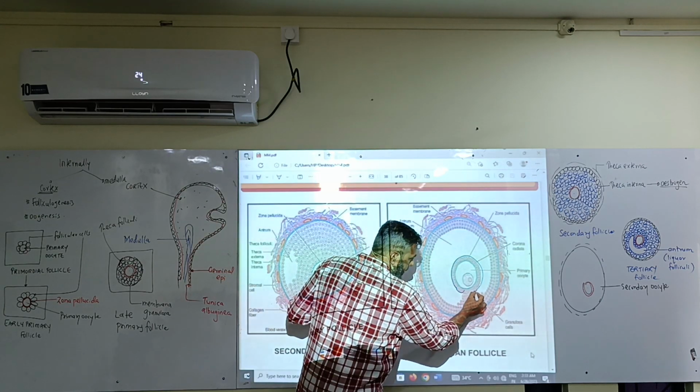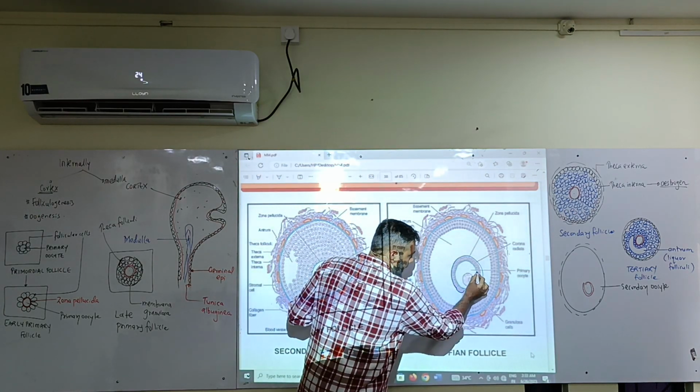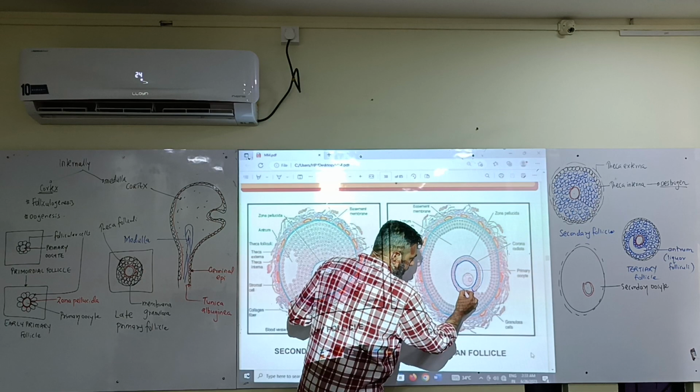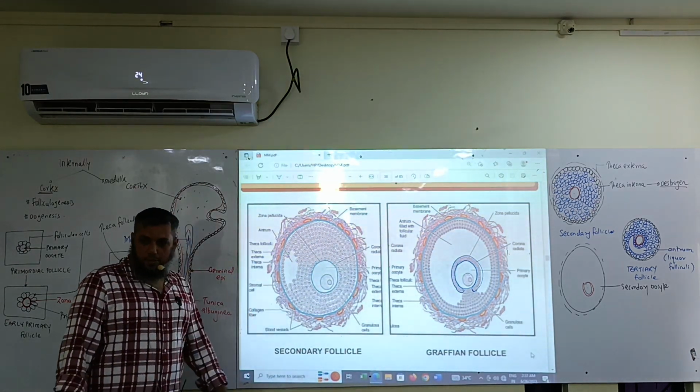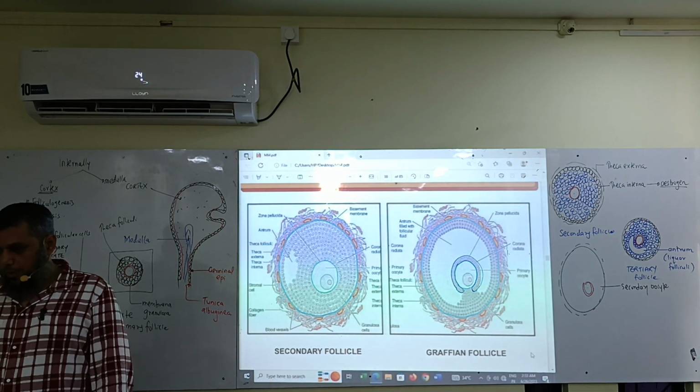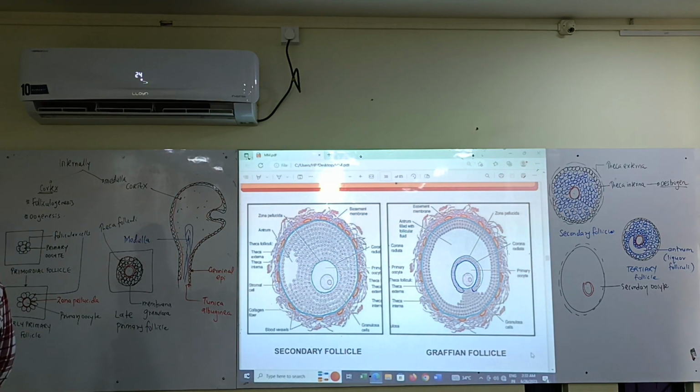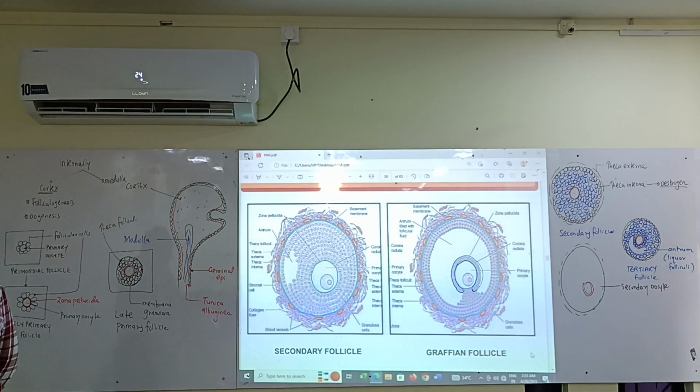Ayana, give me yes or no. Yes. I am talking about these cells. Can I say they are surrounding the secondary oocytes? Got it? These are called cumulus oophoricus. क्या होता है उसको? Okay.